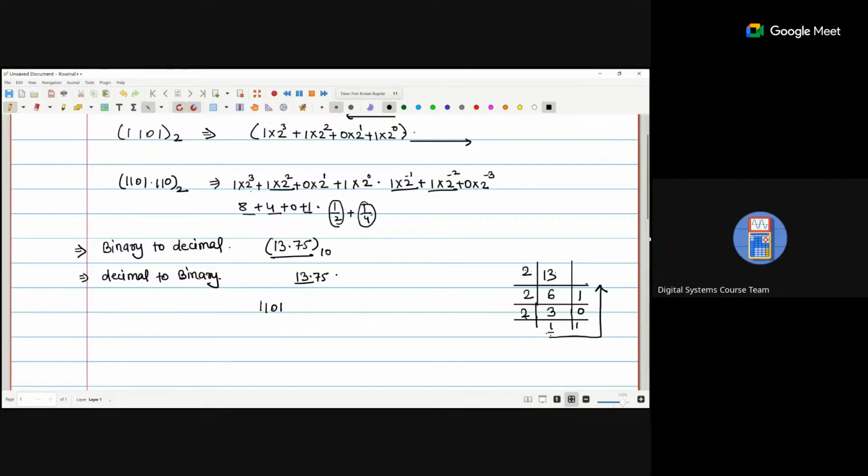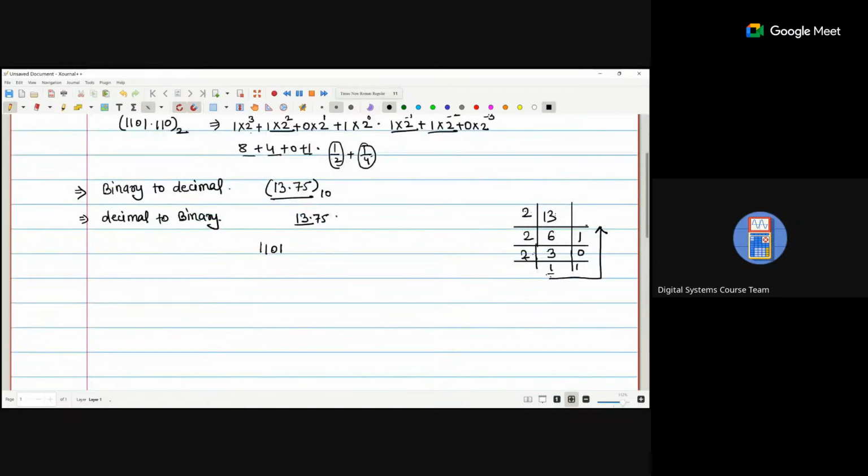Now we go to the 0.75. What should I do? To convert it to binary, I multiply with 2. If I want to convert into octal, multiply with 8.